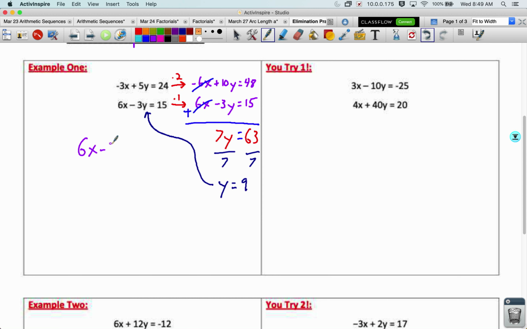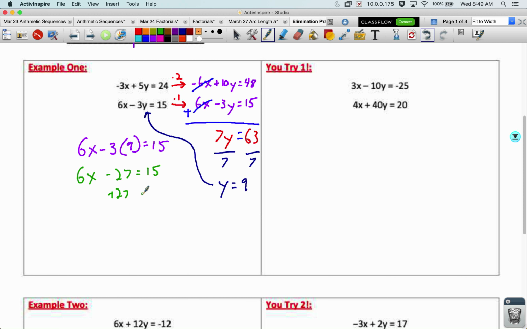It's 6x minus 3 times y, but y is being replaced by a 9, equals 15. So I copy down that second equation, but I replaced y, so now x is the only variable remaining in this equation, and I can solve for x. So 6x, -3 times 9 is a -27, equals 15.